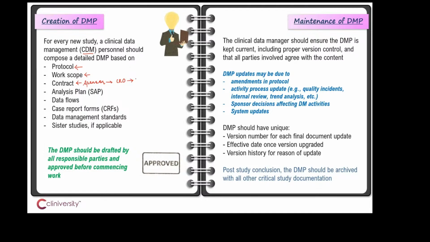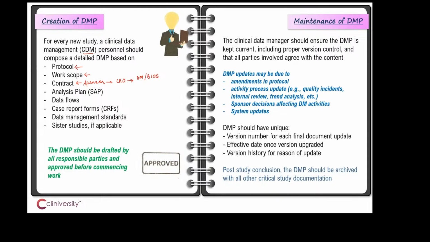Is it that the entire end-to-end services are given to the CRO, or only certain specific activities? Sometimes the sponsor might retain, let's say, monitoring with themselves, and with the CROs, they would only give data management activities and BIOS activities, the biostatistical activities. So only the DM team and BIOS team will be from the CRO.